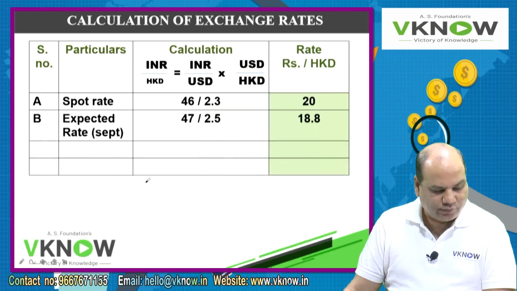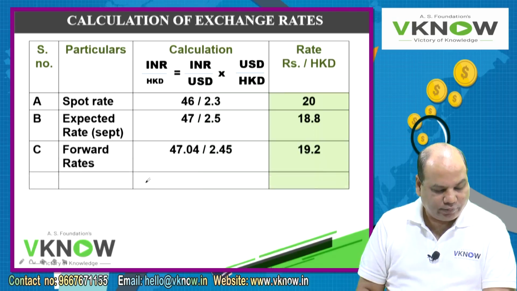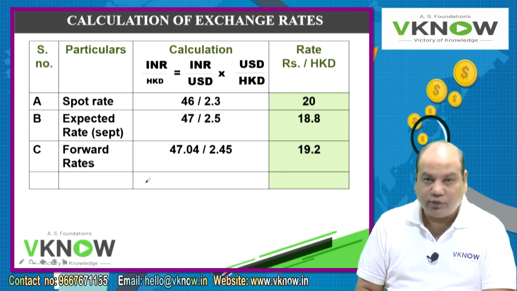Keep the question in front of you. Second or third line, 47 divided by 2.5, 18.8. Forward rates, fourth line in the question: 47.04 divided by 2.45, 19.2.